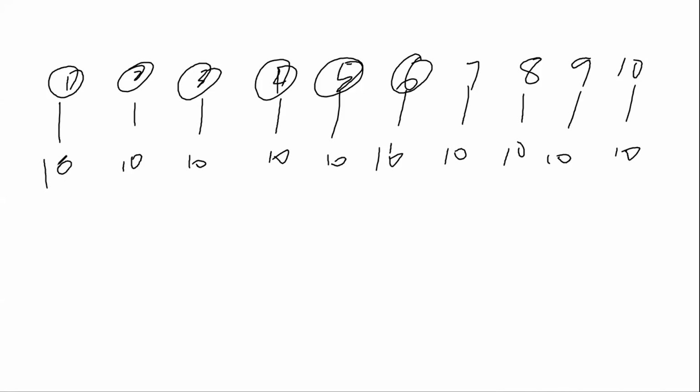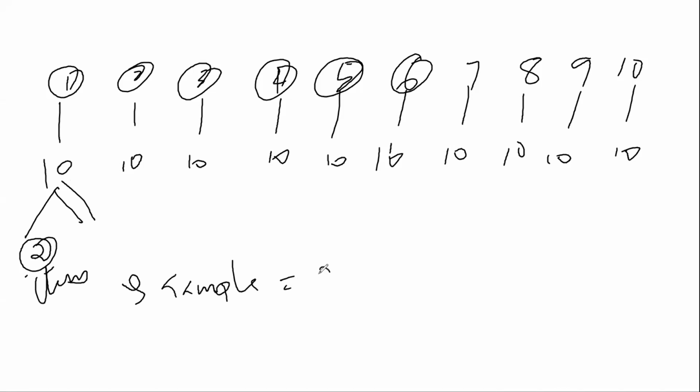Out of group 1, for example, we want to pick 2 items, because our sample needs to have 20 items. From group 2, 2 items, all the way to group 10. Each group will give us 2 items, which we shall combine to make the sample of 20 items.